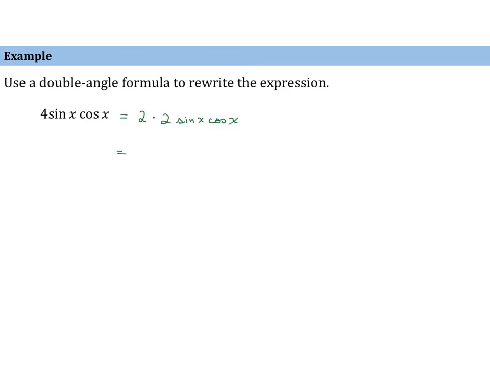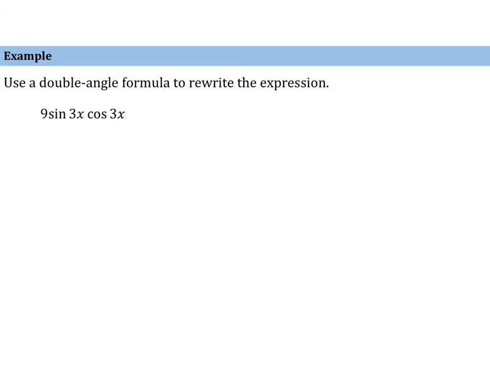But now, 2 sine x cosine x is our sine of 2x. And we can just bring down the 2. So our answer is simply 2 sine of 2x. And the parentheses are not necessary. It's just for clarity in this situation.